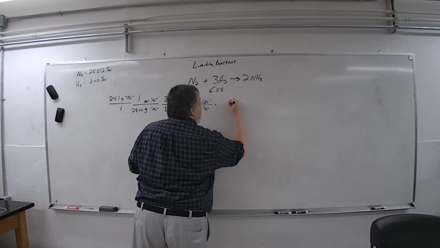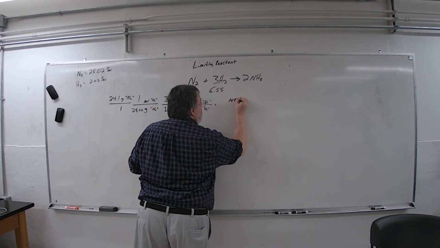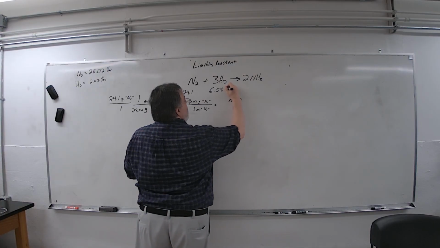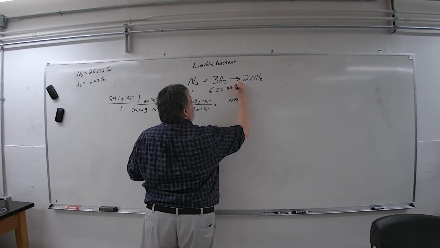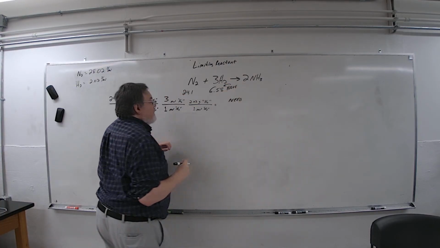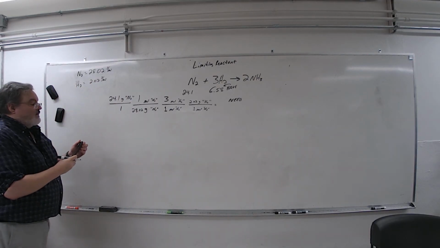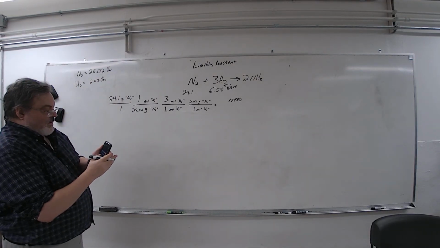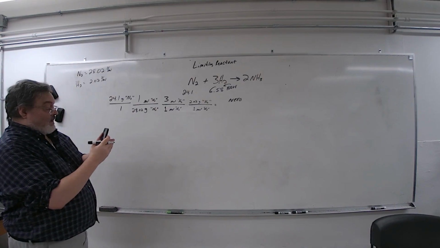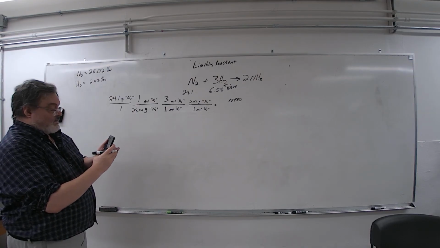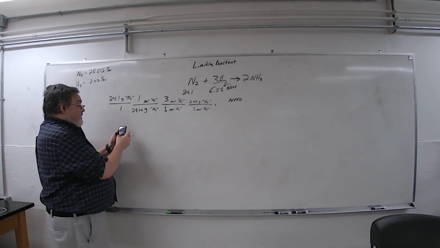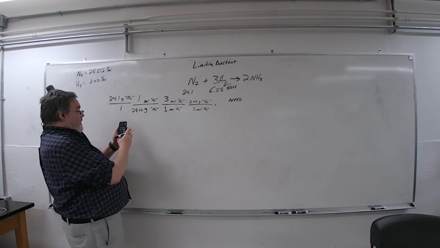And I'm going to write need this, and I have that. 24.1 times 3 times 2.02 divided by 28.02.